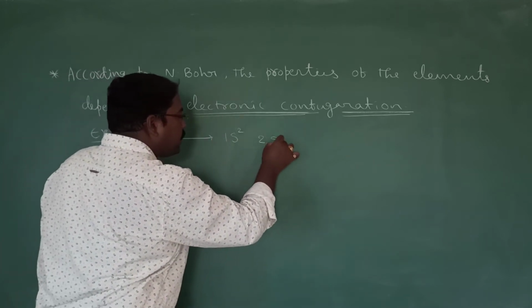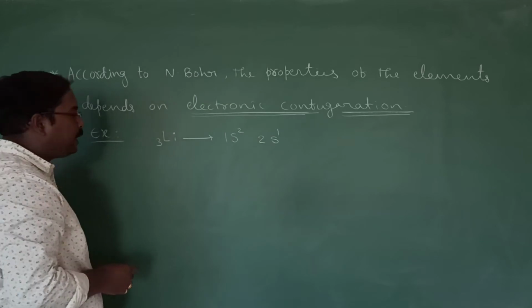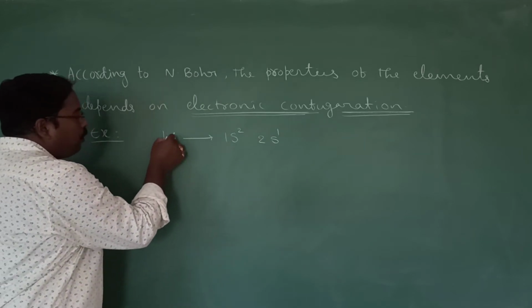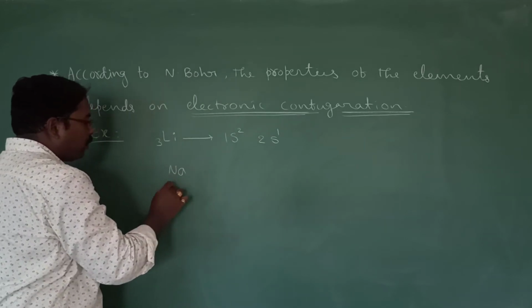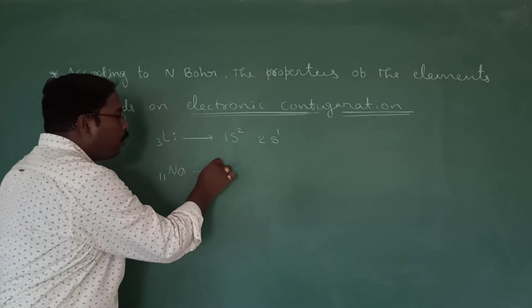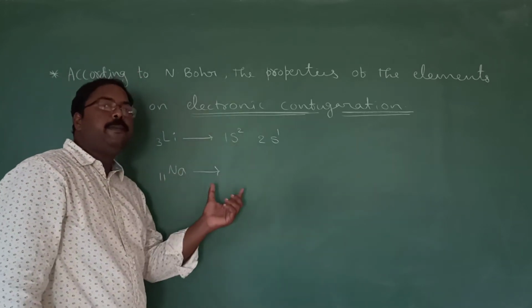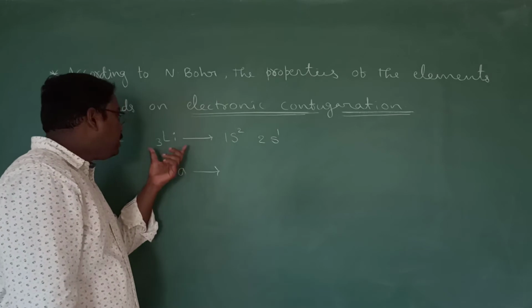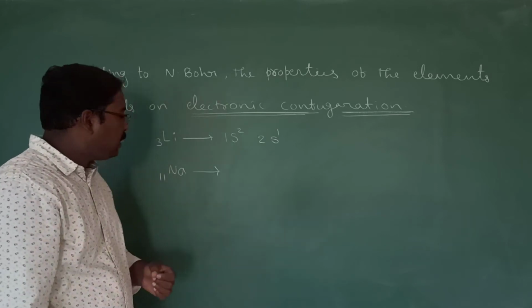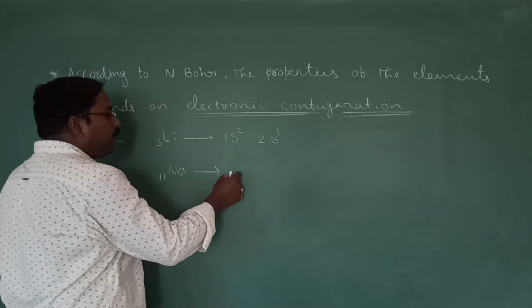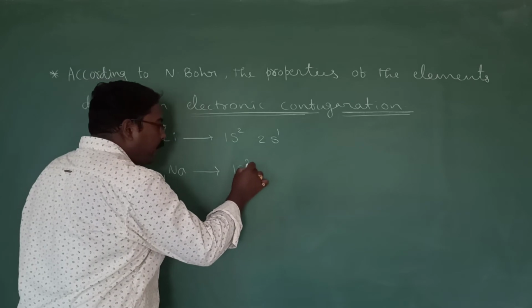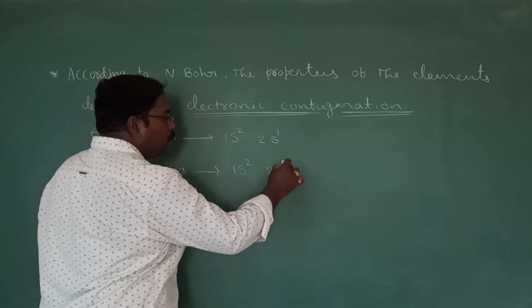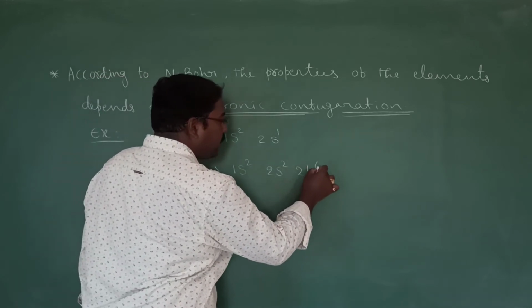Previously, we already discussed how to write electronic configurations. Now, lithium and sodium, as we all know, belong to the same group. These are called alkali metals. Now the electronic configuration, if you see, is 1s2, 2s2, 2p6.